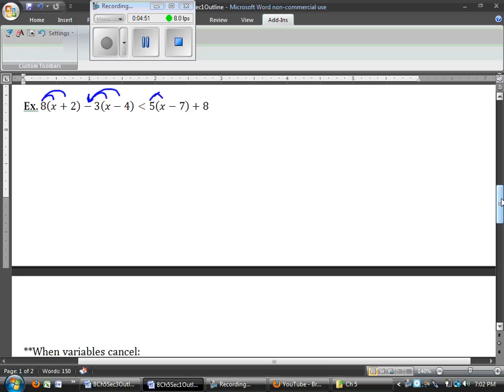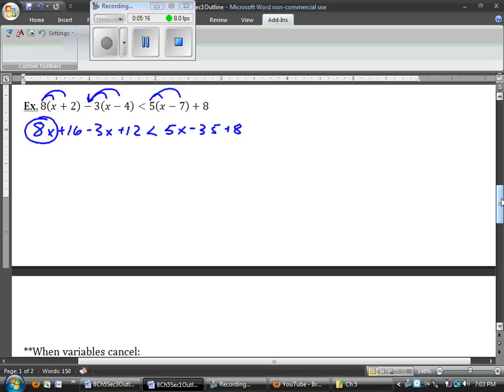All right. So I distribute my 8 through first, and I have 8x plus 16. Distribute my negative 3 through, and I have negative 3x plus 12 is less than 5x minus 35 plus 8. Let's combine our like terms together.